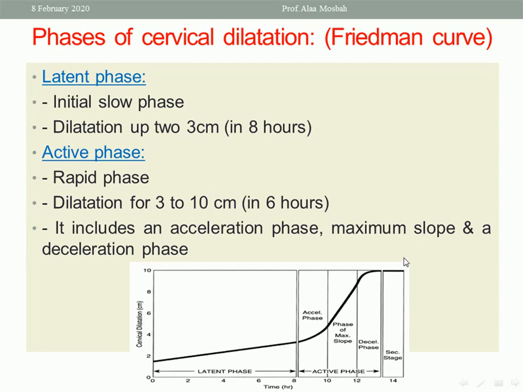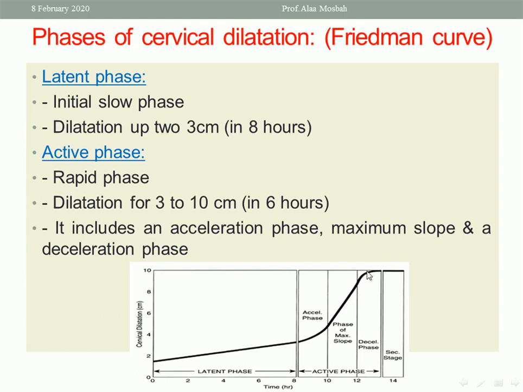While this area is called the active phase. It is the rapid phase, where dilatation from 3 to 10 centimeters occurs within 6 hours. It includes 3 parts: the acceleration phase, the maximum slope phase, this area, and the deceleration phase.